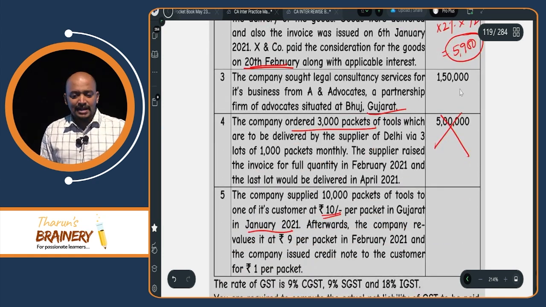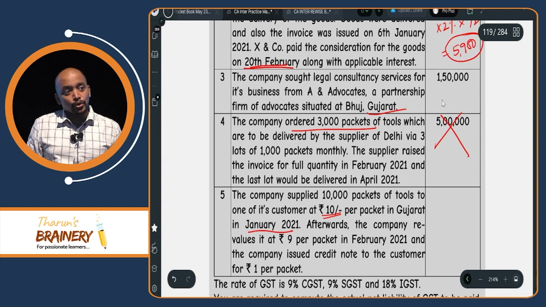Then the company sought legal advice. So legal services under RCM. It should come in 2 statements. What are the 2 statements? Statement 2 and statement 3. Correct?